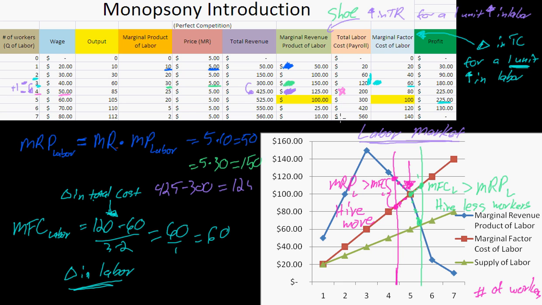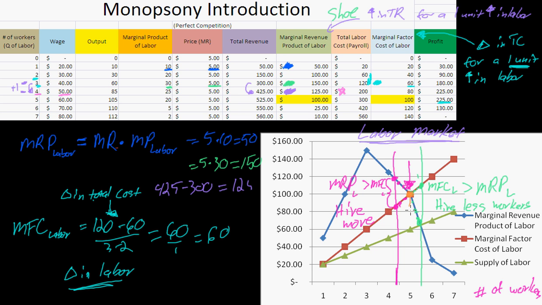So the very last thing that I want to say is we have to decide what we're going to pay these workers once we've decided how many. Well, we don't get to decide. We have to figure out how much we're going to pay these workers once we've decided how many we're going to hire. And so all you do for that is you know that you want to hire, in this case, 5 workers. So you go down from where marginal revenue product is equal to marginal factor cost.